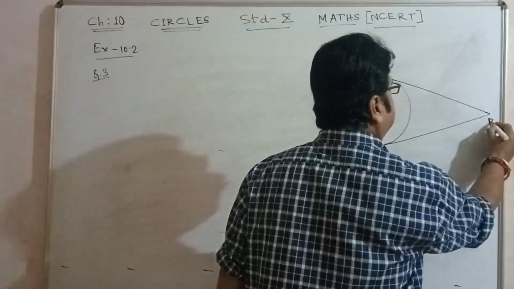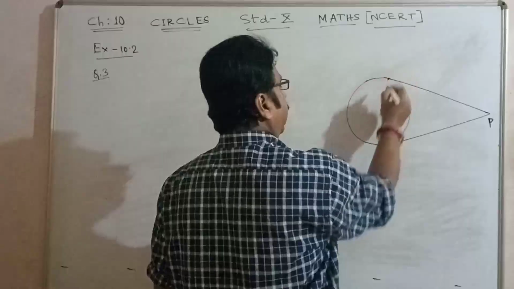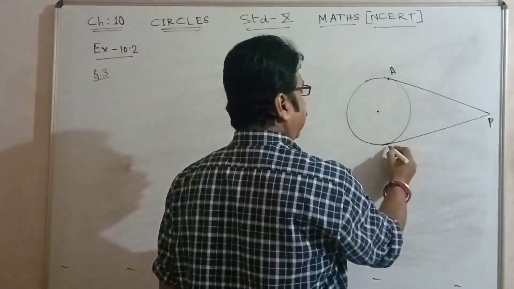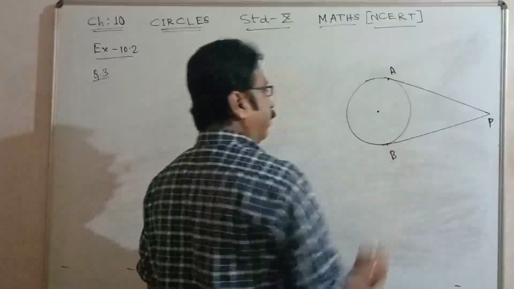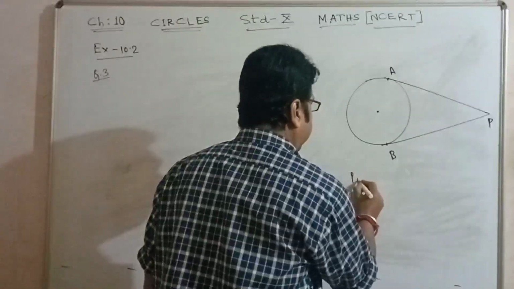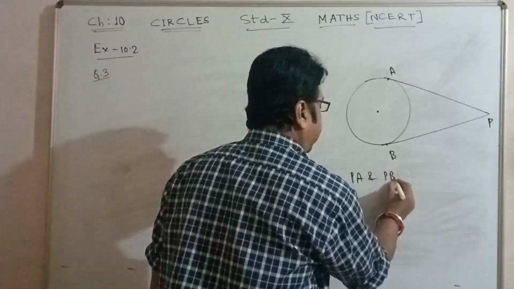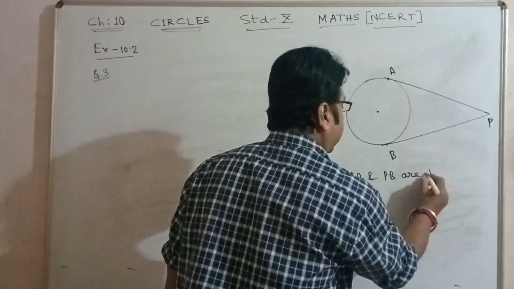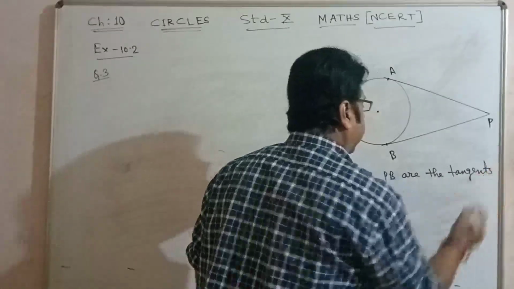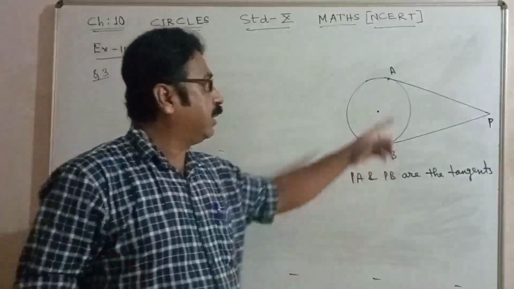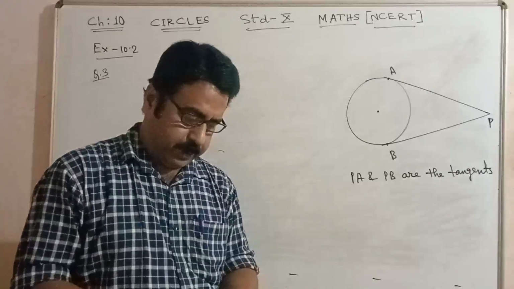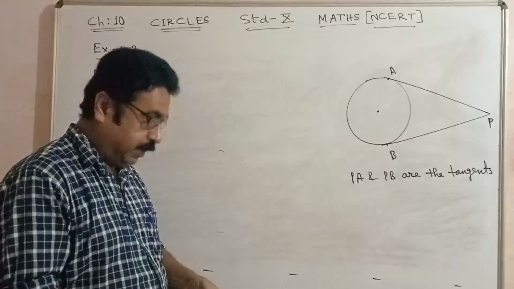This is the point A, P, point B. PA and PB are the tangents to the circle at the point of contact A and B respectively. Center of the circle is given O.